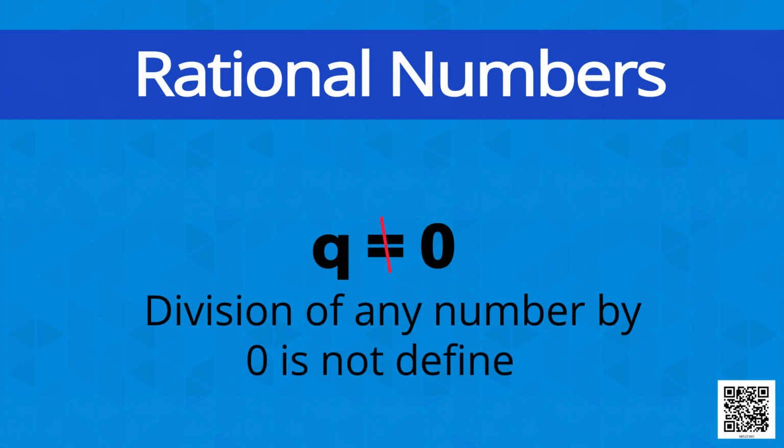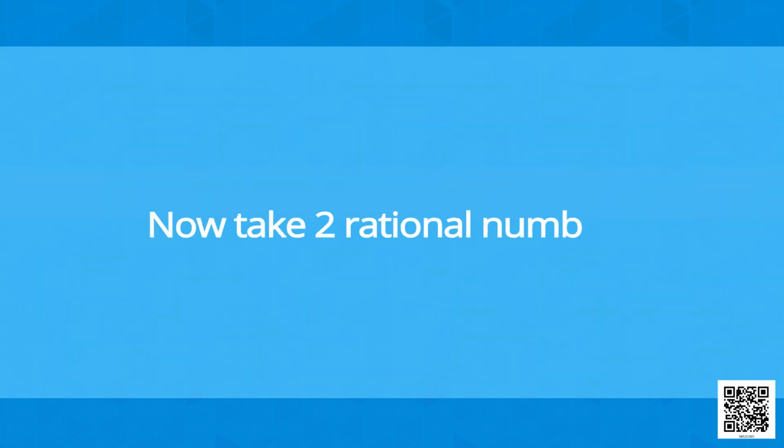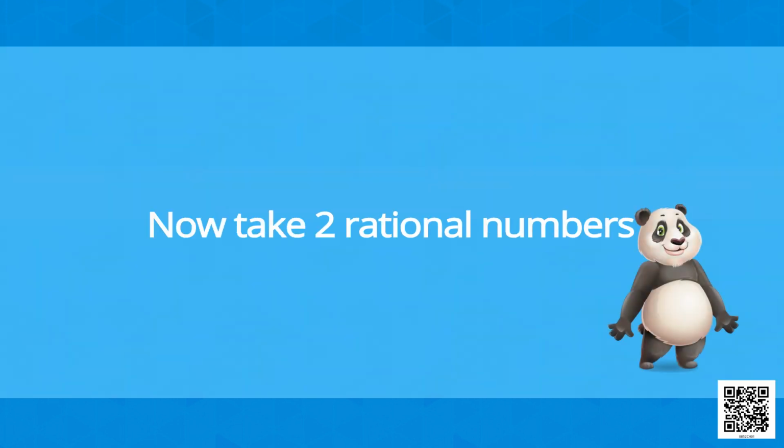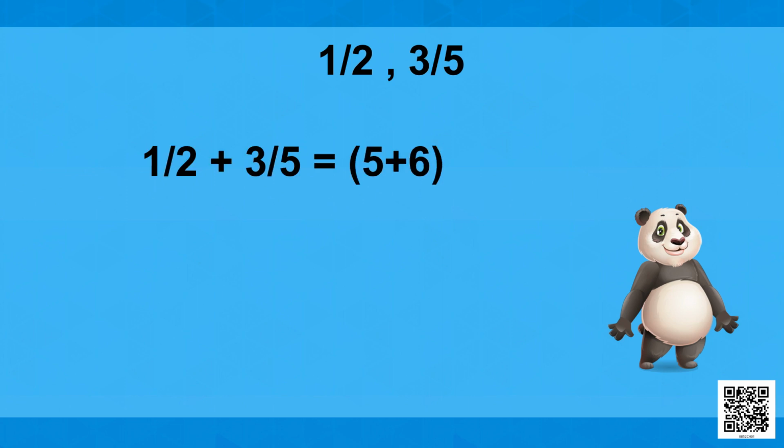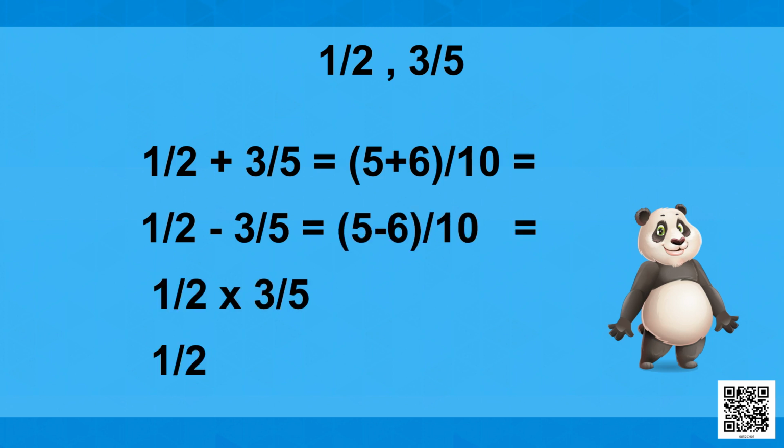Take any 2 rational numbers of your choice. Hey Gillu, which rational numbers have you chosen? Oh, 1/2 and 3/5. So children, whatever rational numbers you took, first of all add them, now subtract them, multiply them, and lastly divide them.